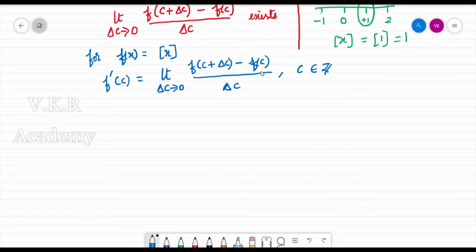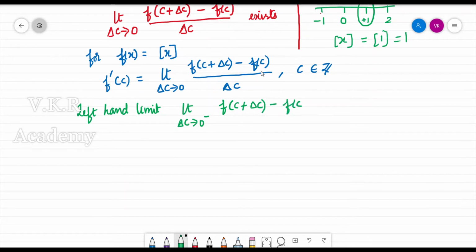Now let's consider the left hand limit. That is limit delta c tends to 0 minus f of c plus delta c minus f of c by delta c.